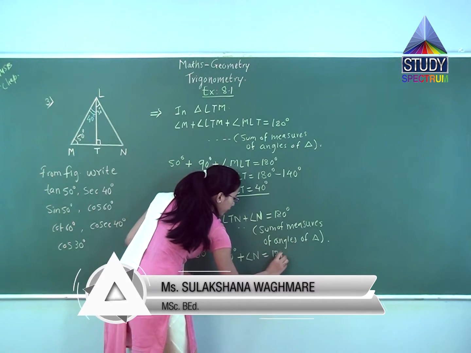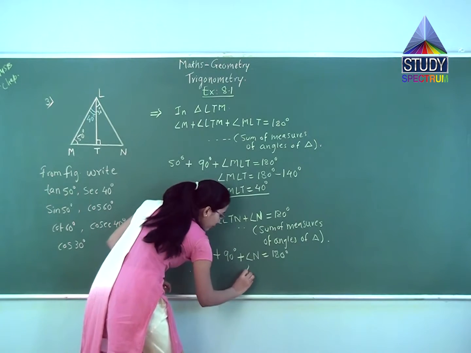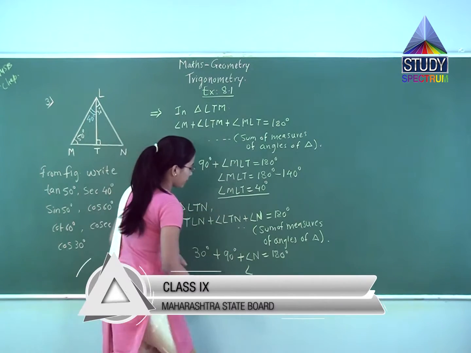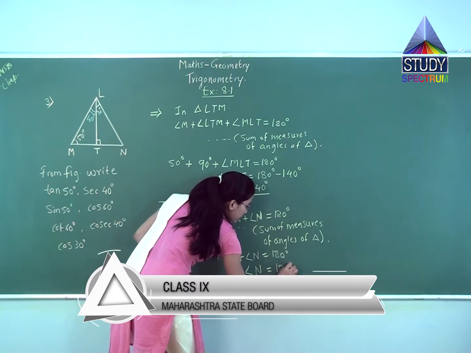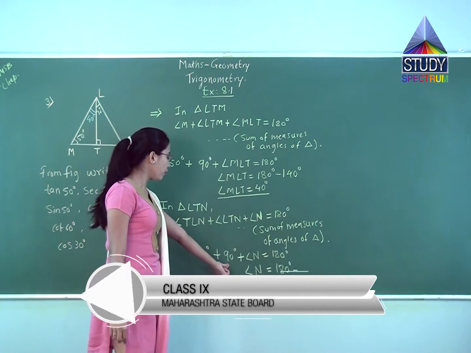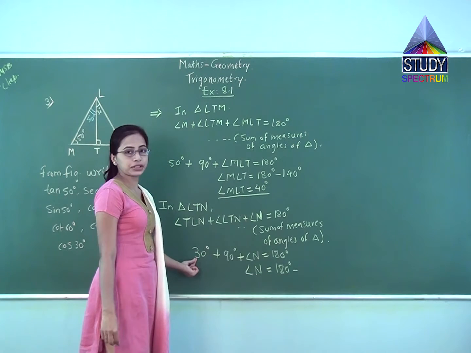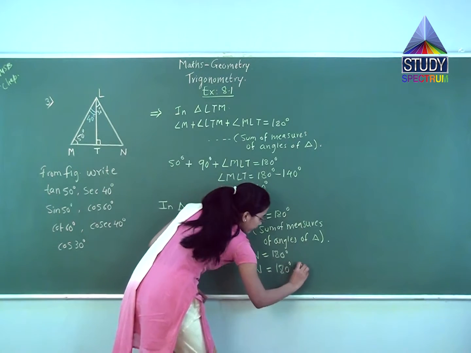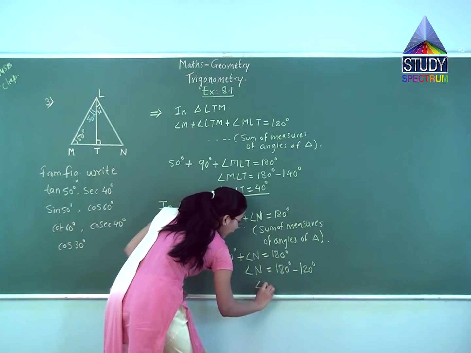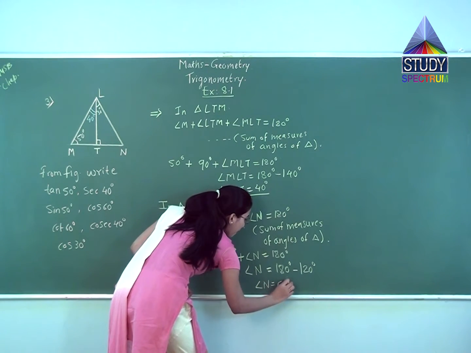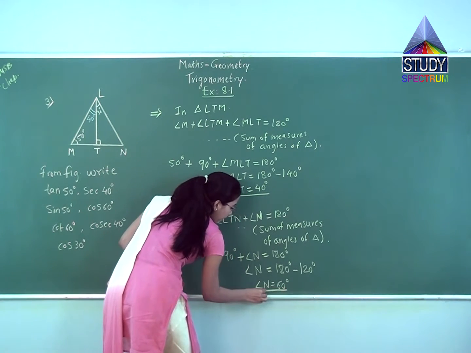So it is 180 degrees. Similarly, what I did in the first step, angle N I will keep as it is, 180 degrees also as it is. Now the sum of 90 and 30 will be 120, that will get subtracted from the right hand side. So angle N we will get as 60 degrees.